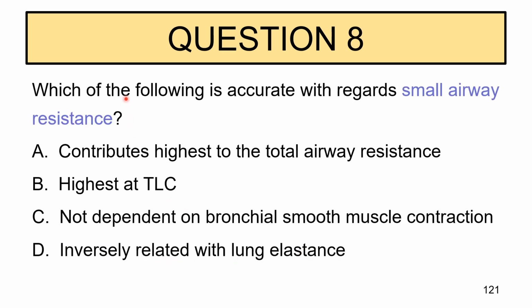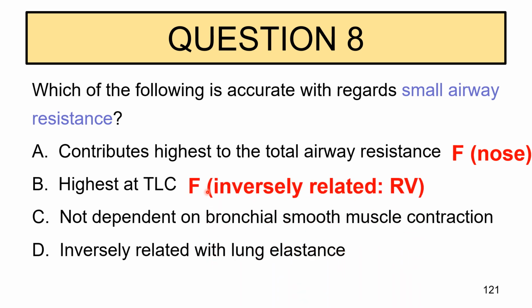For number 8, which of the following is accurate with regards to small airway resistance? Contributes highest to the total airway resistance, that's false. It is the nose. Highest at TLC, that is false because it's inversely related. The greater the lung volume, the higher the elastance, the greater the tethering effect, the greater the small airway radius, the lower is the airway resistance.